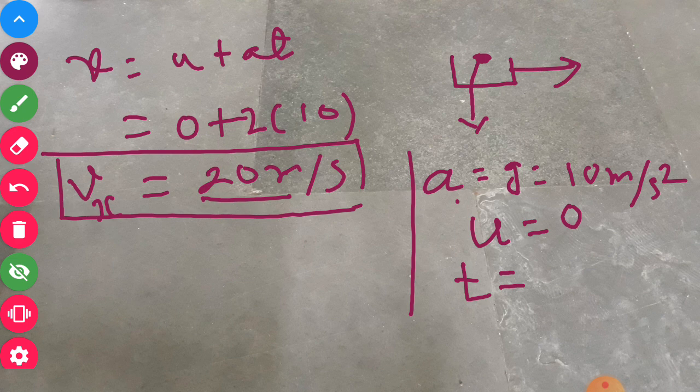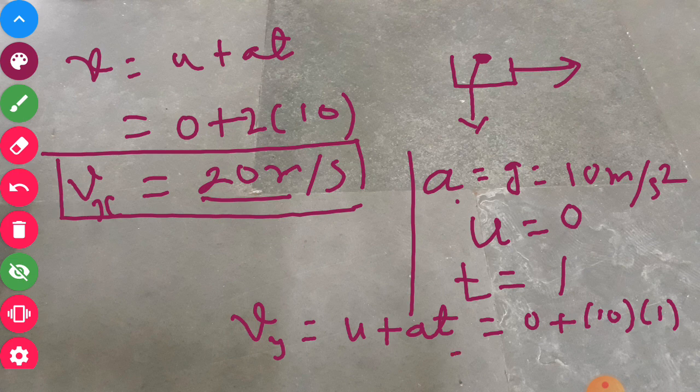What is the velocity in the y direction we want to find? As you know, this is accelerated motion in the y direction, so we take the formula u plus at. Initial velocity in the y direction is 0, acceleration is due to gravity, into time of 1 second, so it becomes 10 meter per second in the y direction.